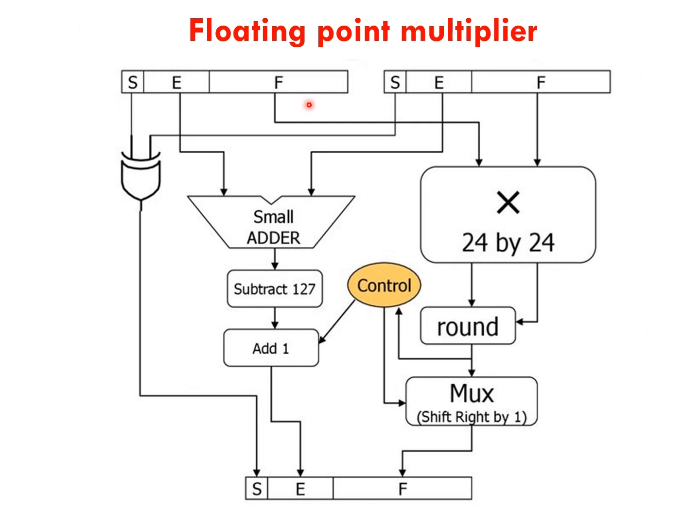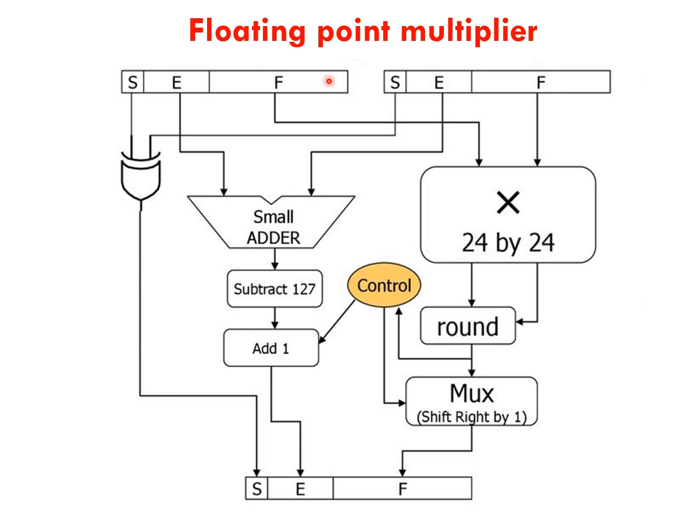These are the two IEEE 754 floating point numbers: sign, exponent, fraction, sign, exponent, fraction. So you are taking the exponents and adding them. In the multiplication, you add the exponents, and then you are subtracting 127, because the two numbers have two biases added, so you are subtracting one of them. Then you are multiplying 24 by 24.